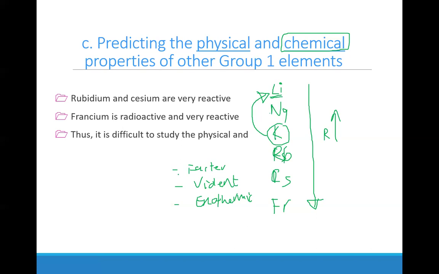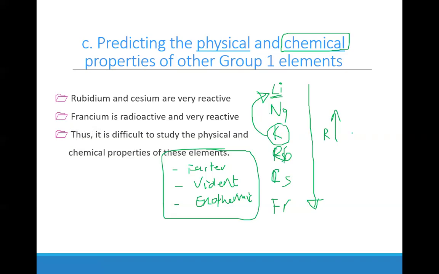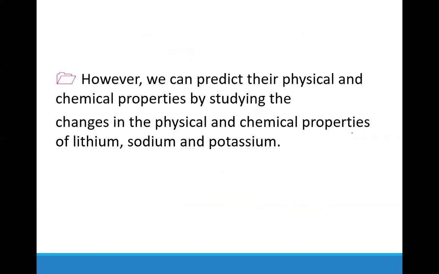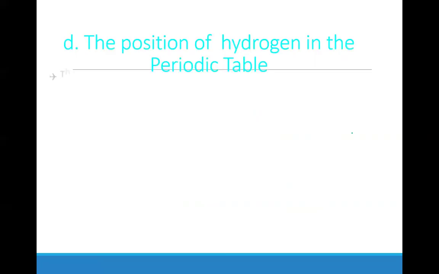So the reaction becomes faster, more violent, more exothermic. That's all for the chemical properties. As you move down the group, the reactions become more vigorous, so the reactivity increases down the group.